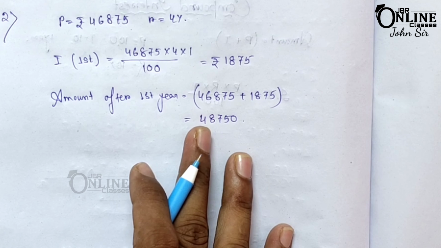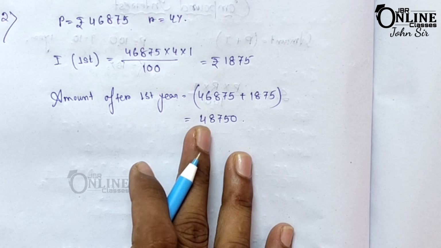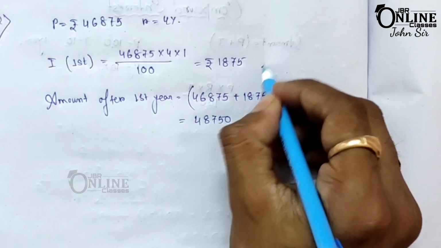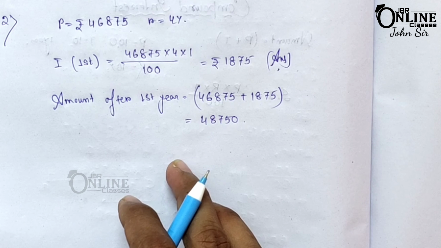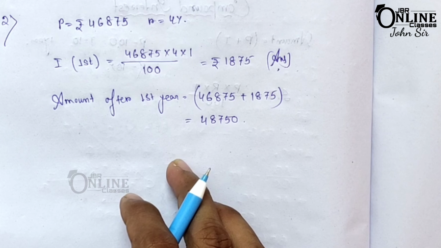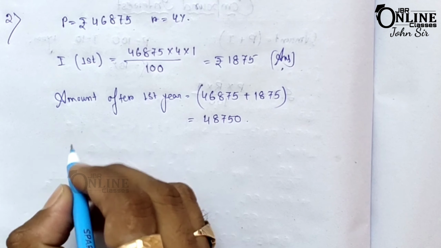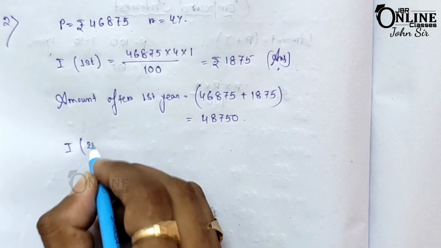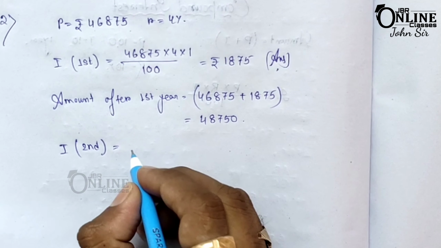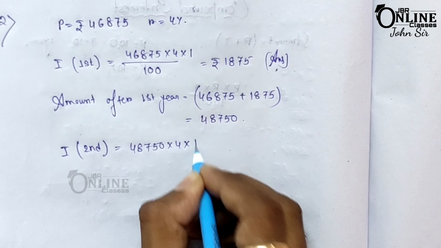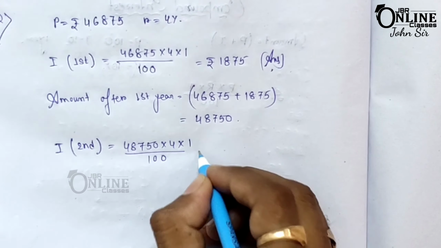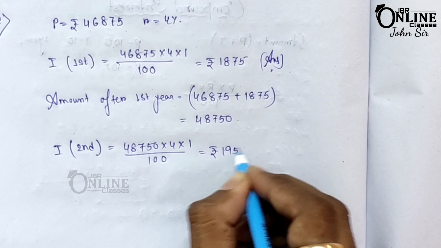So here the first question, find the interest for the first year. That is the first answer. Next, the amount standing to his credit at the end of the second year. First you have to find the interest for the second year, and that equals 48750 into 4 into 1 by 100, which is rupees 1950.